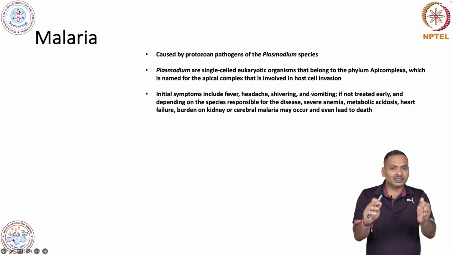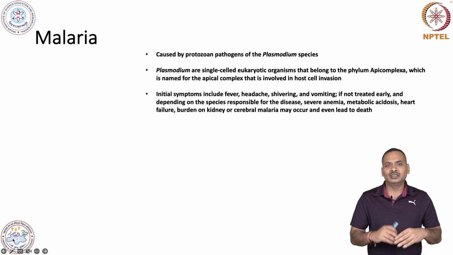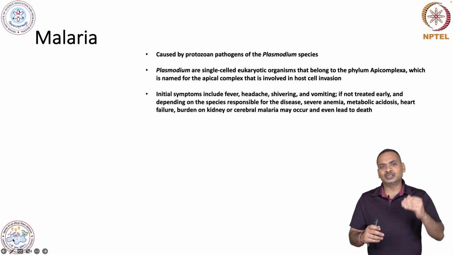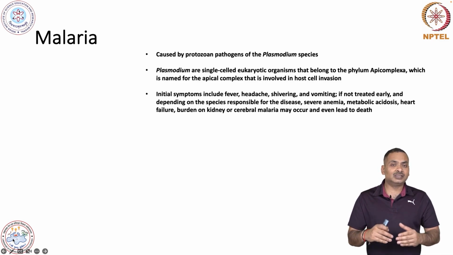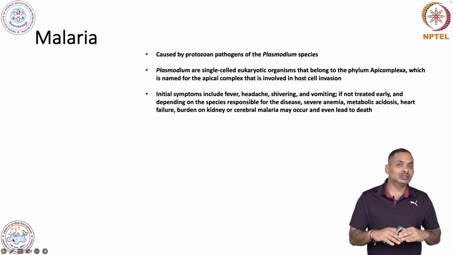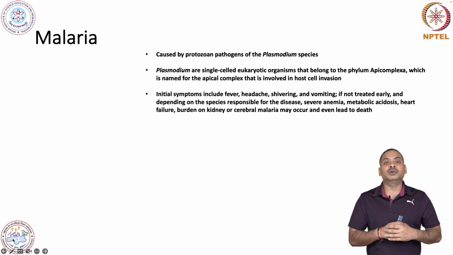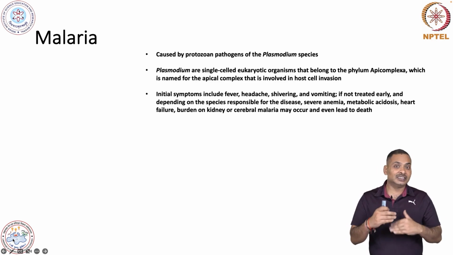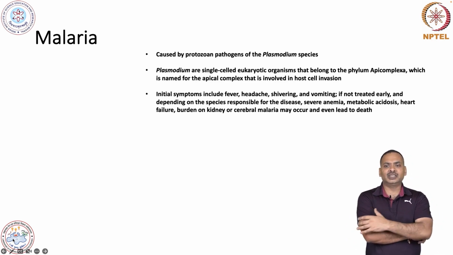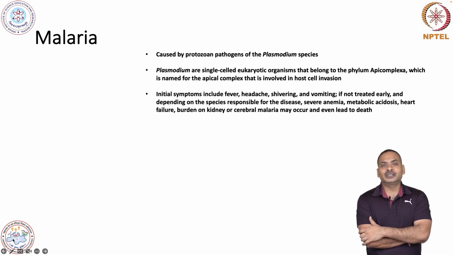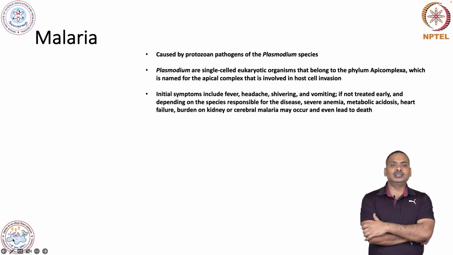I will give the details in a subsequent slide, once you learn about the life cycle of Plasmodium, then it is easy to understand. Here just remember these symptoms: severe anemia, metabolic acidosis, heart failure.